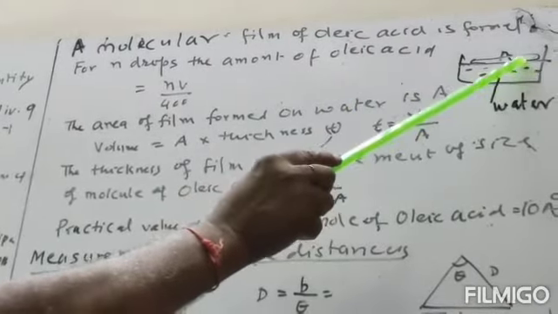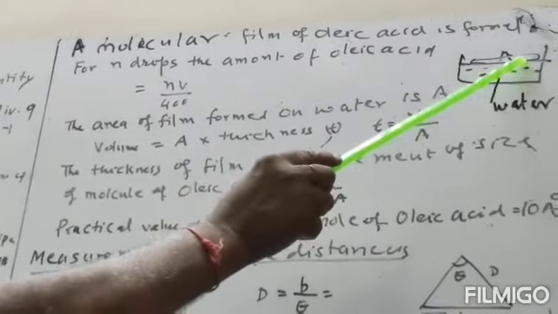The film of the oleic acid will form on the surface. Its thickness will be the molecular thickness of the oleic acid, because only one molecule will be there, so all the molecules are on the surface.